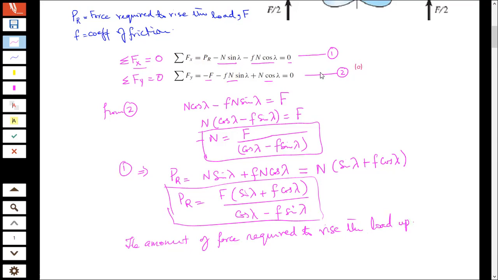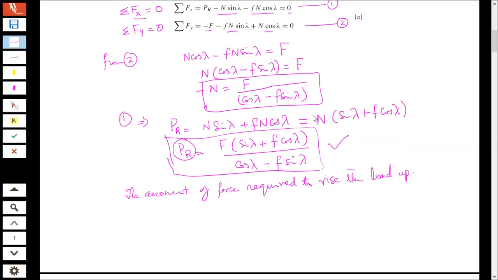Okay. So I got this equation for raising the load up in a screw jack, and you know that when we lift a car or when we lift a load, we do apply some force, and this is the force that I need to apply to lift something up.